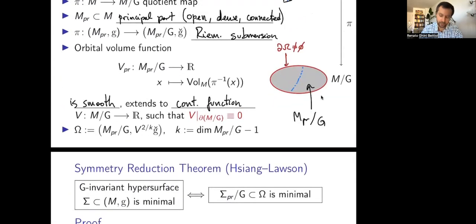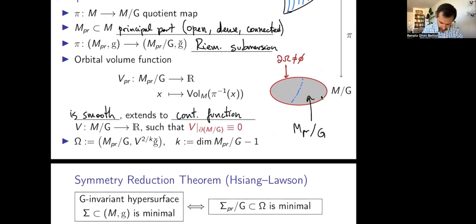All right. So here's the theorem of Hsiang and Lawson. So we want to characterize minimal hypersurfaces which are G invariant. And the characterization is actually quite beautiful. It says that you are minimal upstairs if and only if you're minimal downstairs.